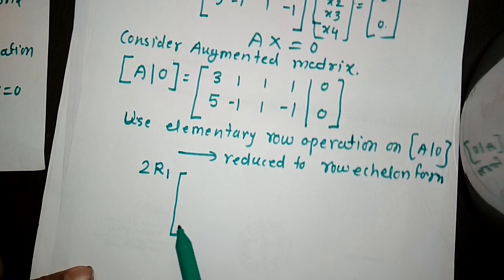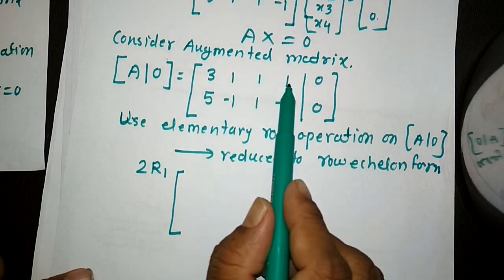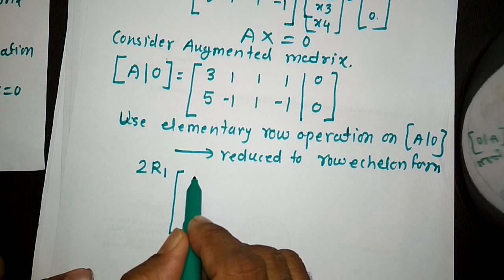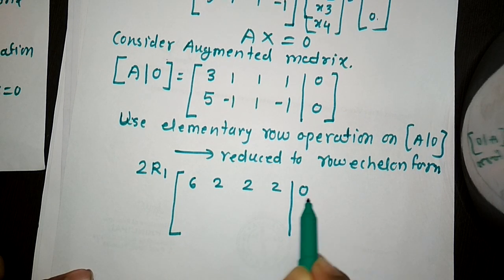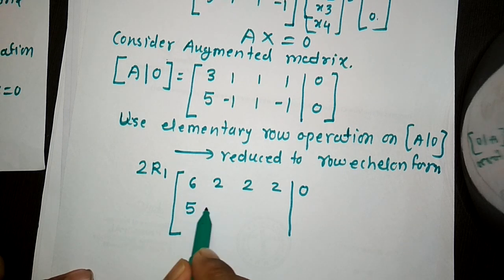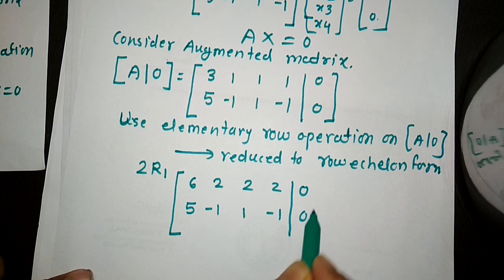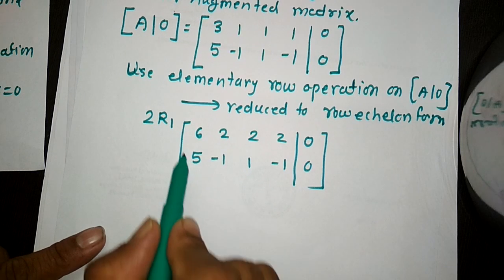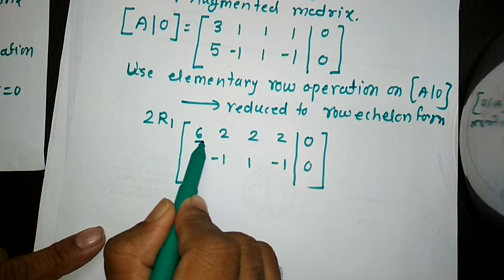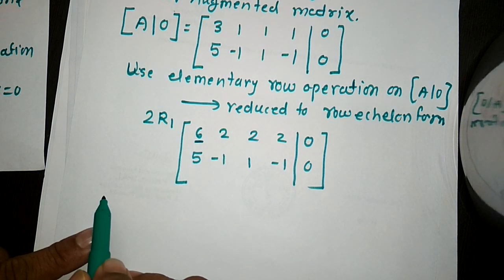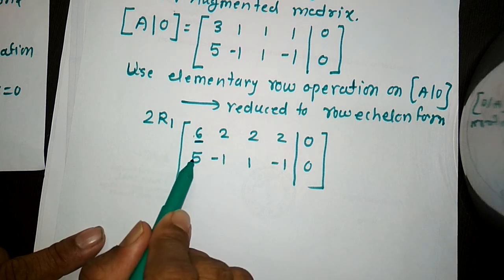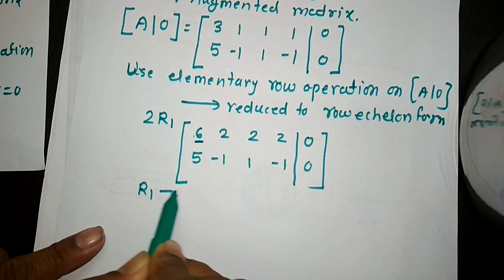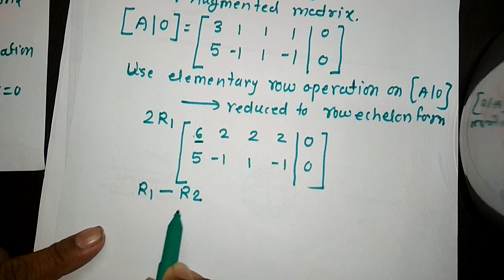If we multiply the first row by 2, the elements are 6, 2, 2, 2, 0. Second row is as it is, 5, minus 1, 1, minus 1, 0. Now we want to convert this entry to a 1 leading element. So what we do? Use R1 minus R2.